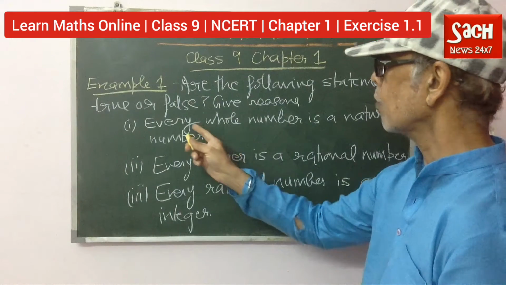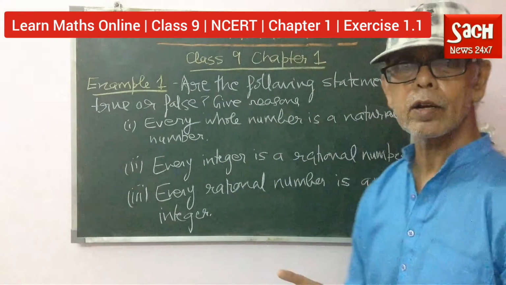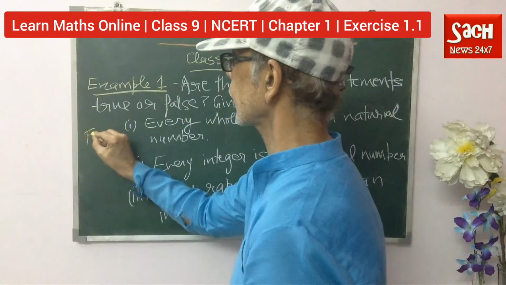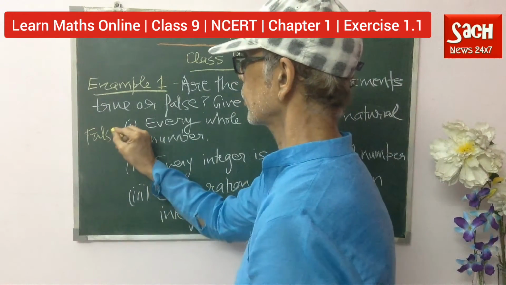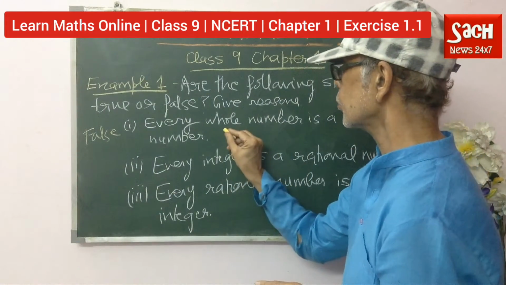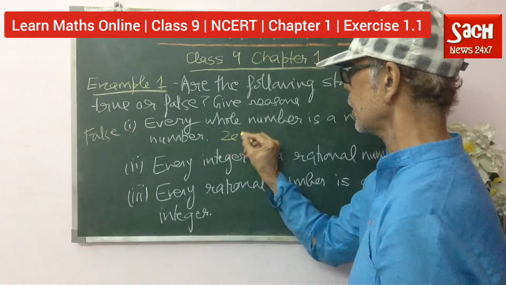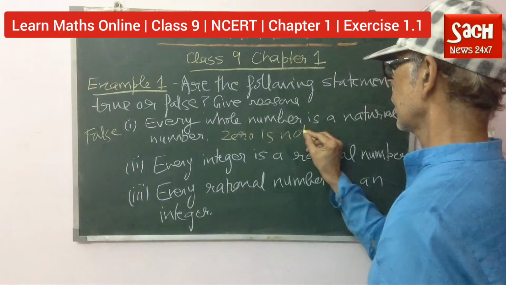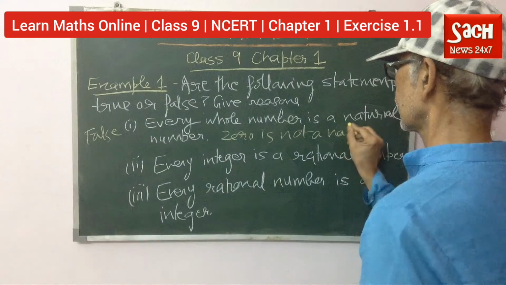So, is every whole number a natural number? No. So this is false, because what is the reason? The reason is 0 is not a natural number.